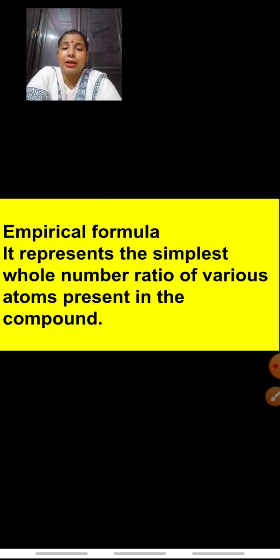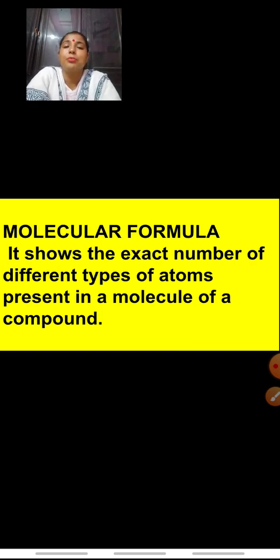See, empirical formula represents the simplest whole number ratio of various atoms present in the compound. That means the simple whole number ratio will be there of different types of atoms. Whereas the molecular formula shows the exact number of different types of atoms present in a molecule of a compound.